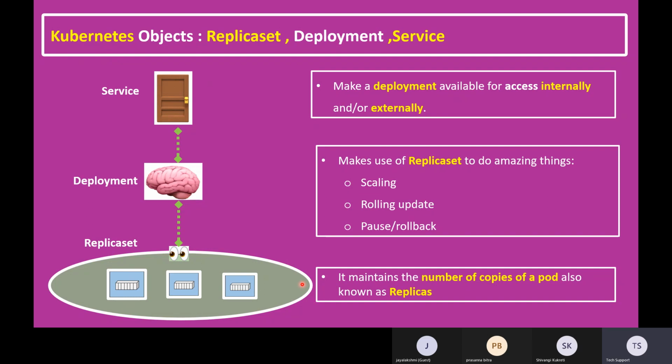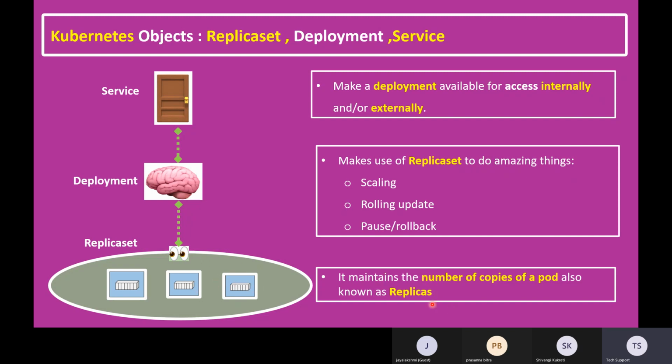So a replica set maintains the number of copies of a pod, also known as replicas. If you are maintaining multiple copies, those copies we call a replica set or replicas. Why we maintain multiple copies is that in case one pod is down, there will be no impact to your production applications. Those applications we can still run from other pods.